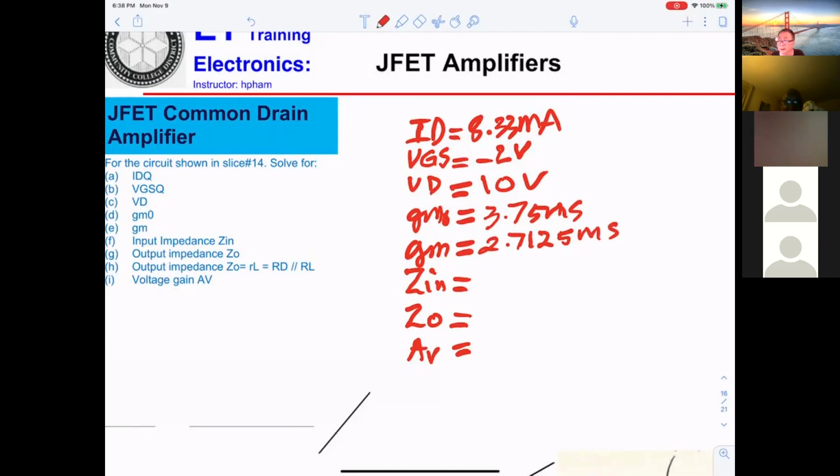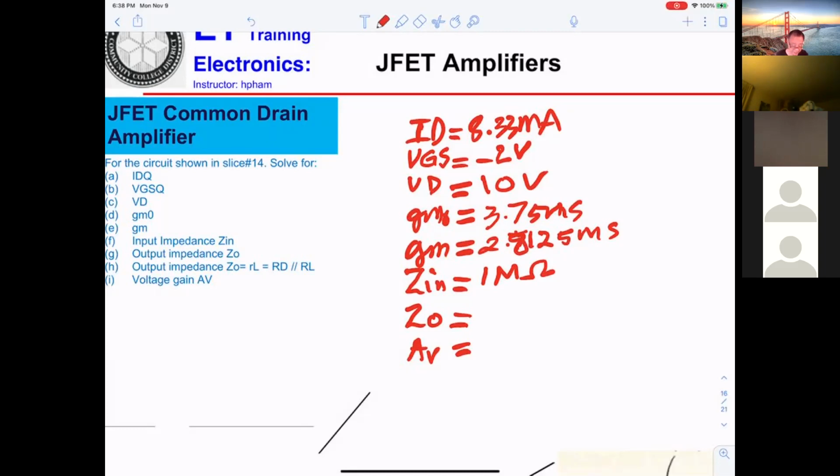Z in is not 1.7 megaohm, 2.8, not 7. Z in will be 1 megaohm. Is it 1 megaohm, right? Z out, 1.8K?